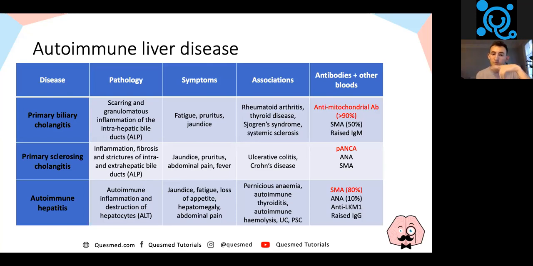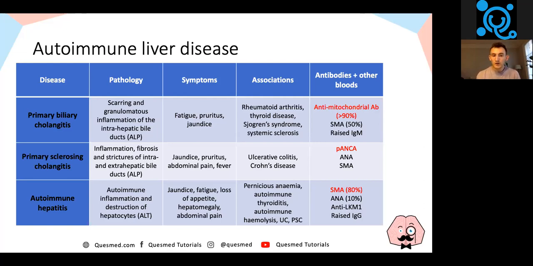It can present with jaundice, fatigue, and often pruritus or itching. It's associated with autoimmune things like rheumatoid arthritis, thyroid disease, etc. As I said, you see antimitochondrial antibodies in more than 90% of these patients, and you often see a raised IgM. So that's an important thing to look out for in patients with chronic liver disease.